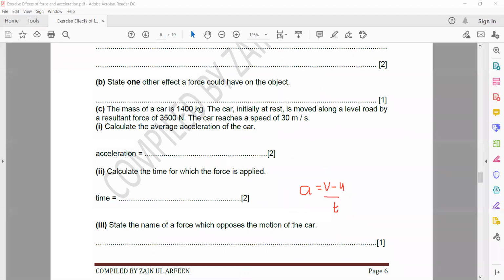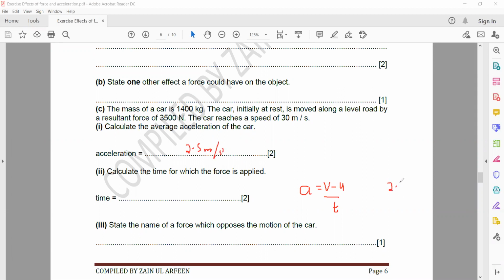The acceleration you already calculated in the previous part, which is 3500 divided by 1400. So 2.5 meters per second squared was the acceleration.